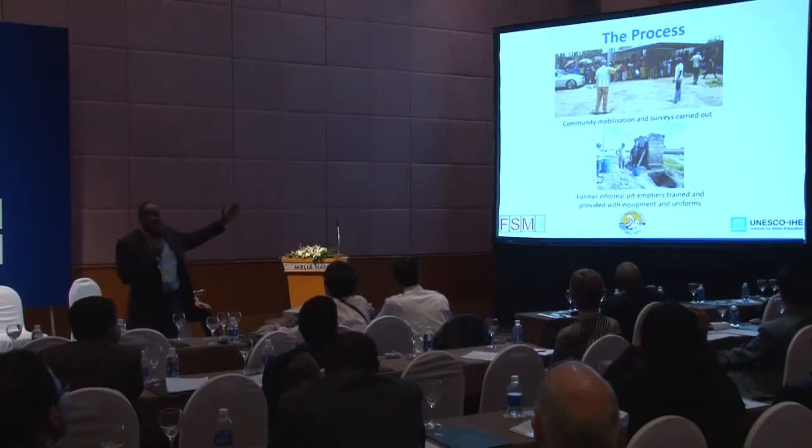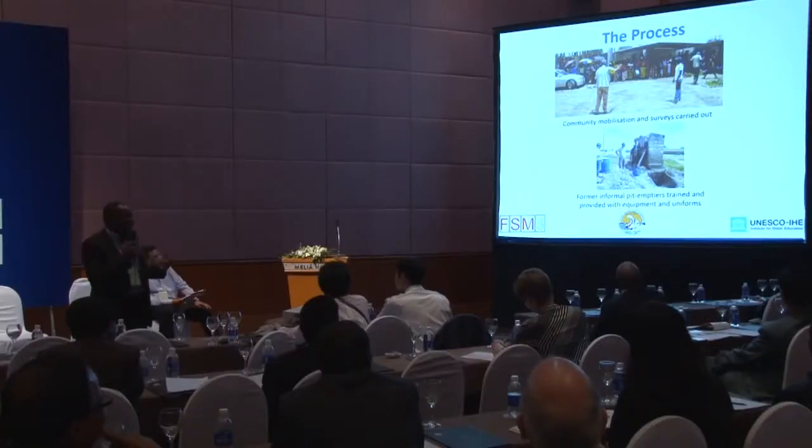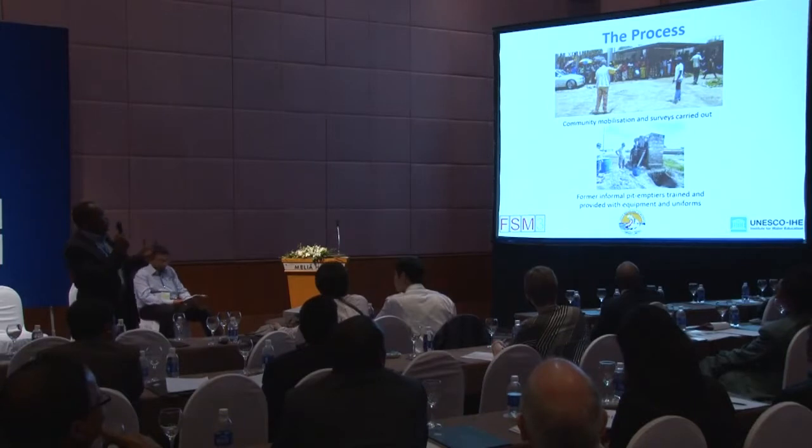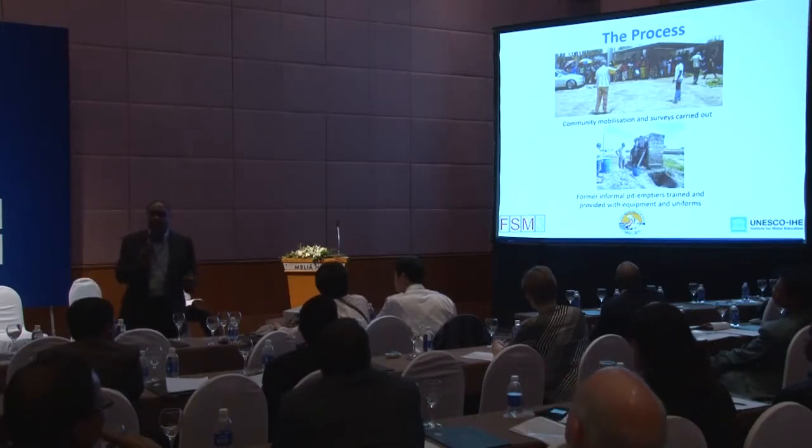So this is the process that they went through in order to achieve the aim of putting in place the fecal sludge management system in this particular settlement. So they started by mobilizing the communities, and they carried out surveys, because it's obviously important for a fecal sludge management service to work, you need to have the support of the communities.